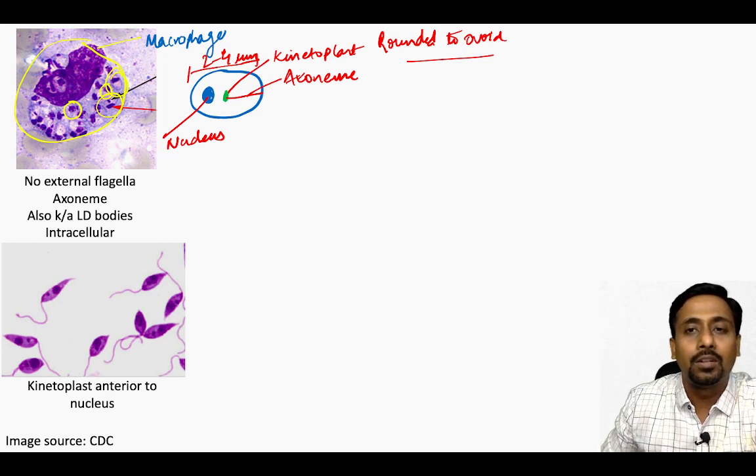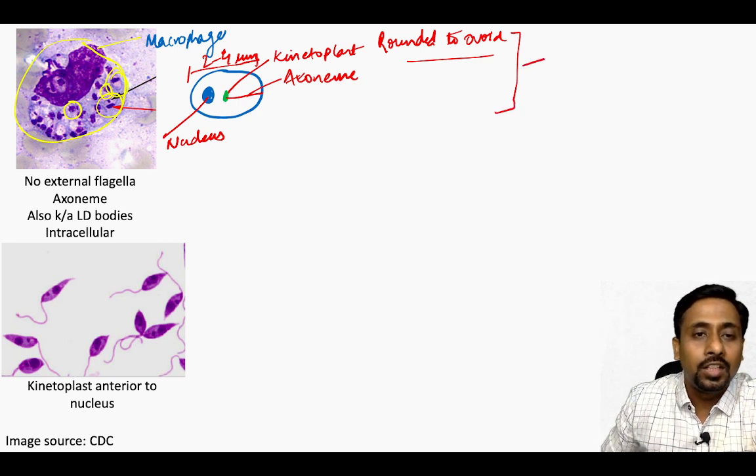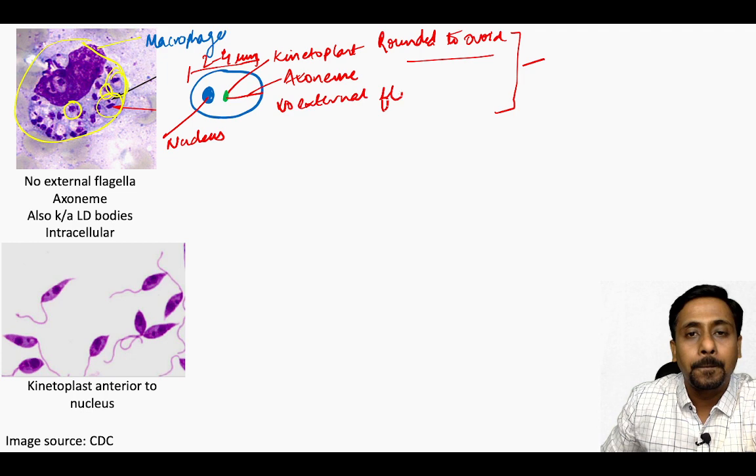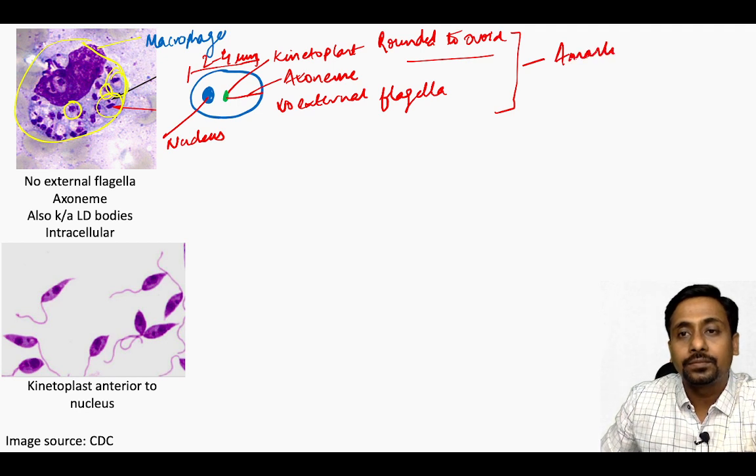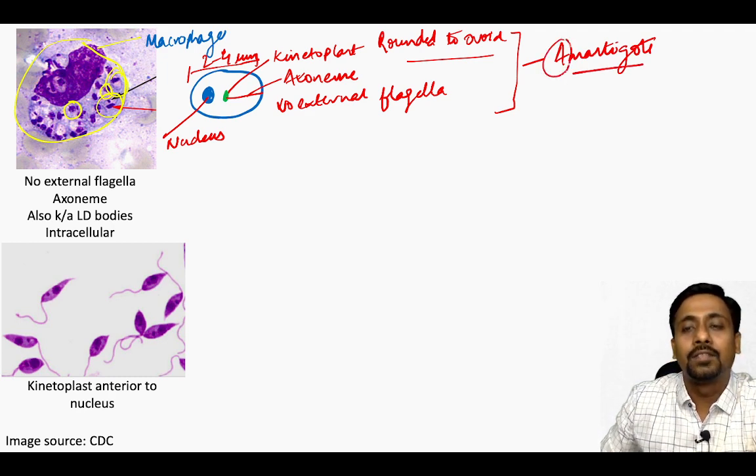So what is this form? If you see, there is no external flagella, nothing is attached outside the cell. So this is an amastigote, which means no external flagella.